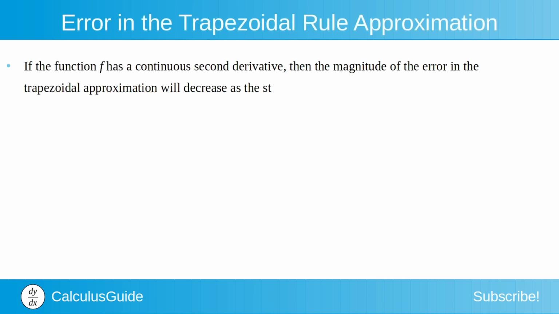Next, I'll discuss error in the trapezoidal rule approximation. If the function f has a continuous second derivative, then the magnitude of the error in the trapezoidal approximation will decrease as the step size h decreases.